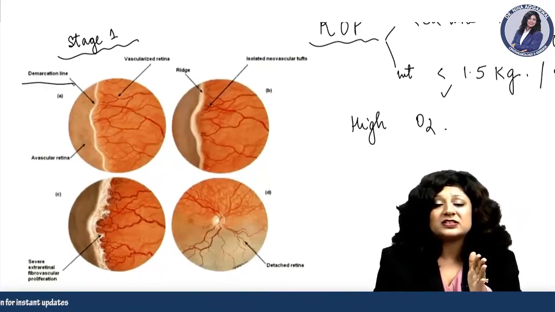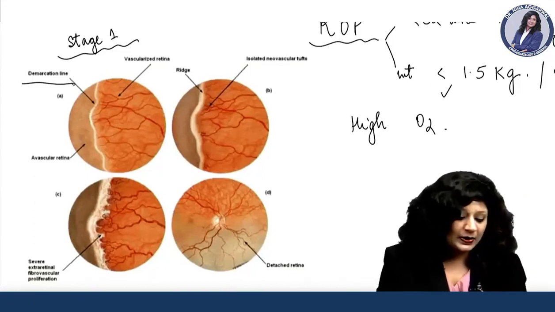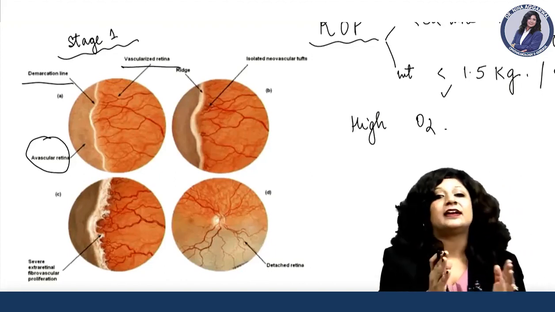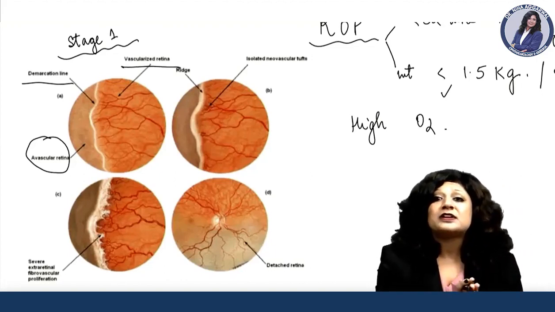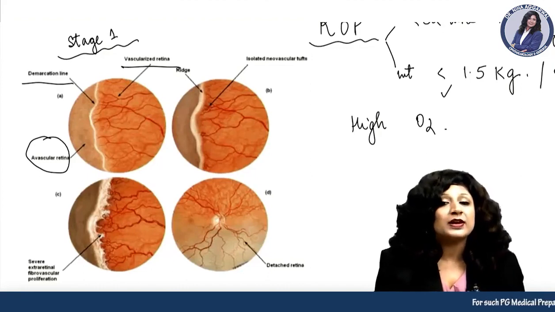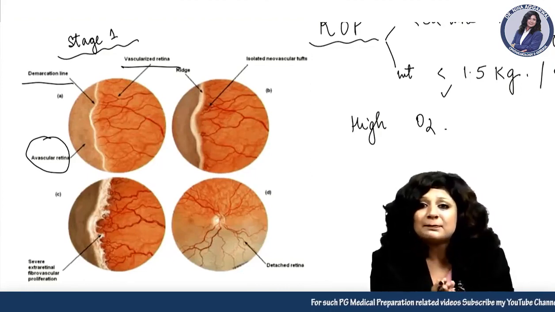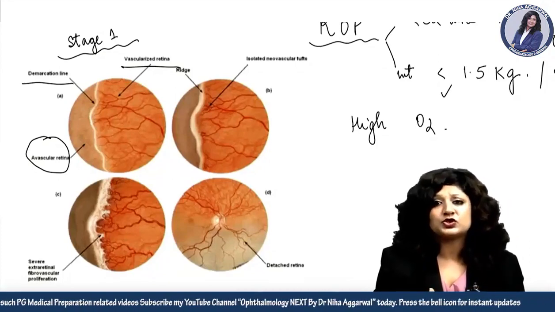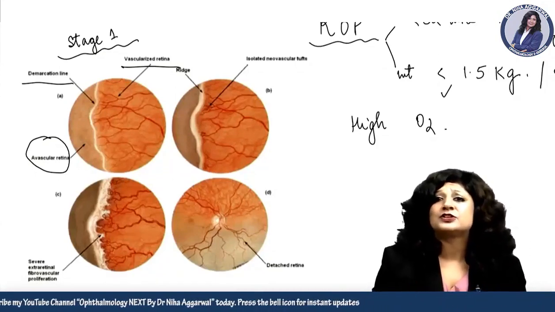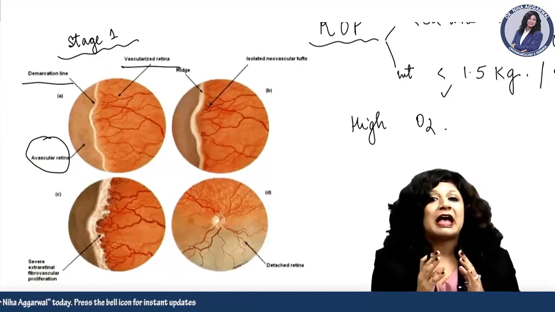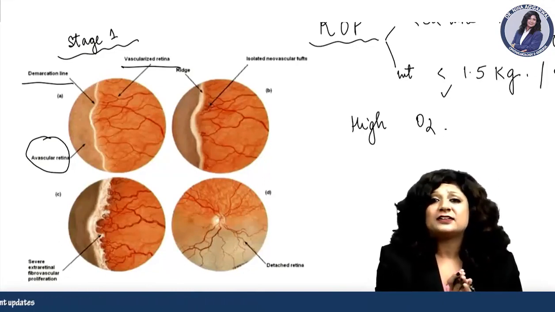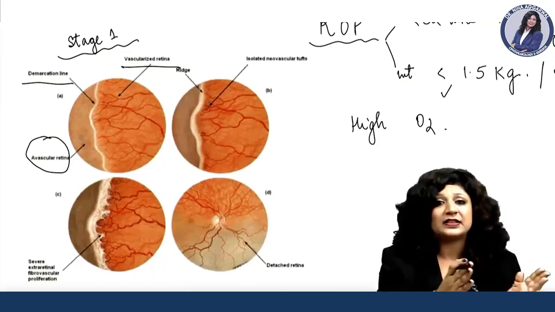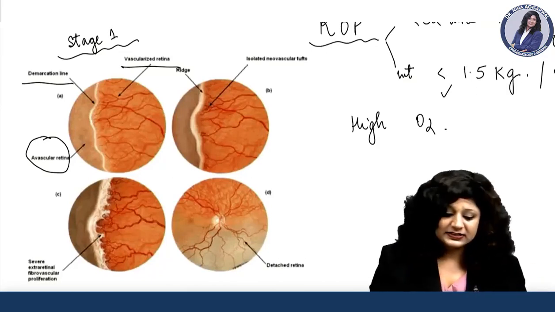Demarcation line means there is a demarcating line between the avascular retina and the vascular retina, because whenever this immature retinal vasculature which is present in the premature infants is exposed to high concentration of oxygen, a lot of vascularization, a lot of proliferation actually takes place, and the first important thing that takes place is a demarcation line between the two.